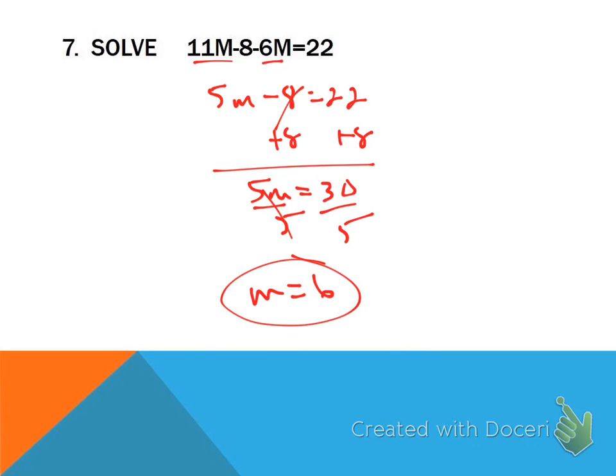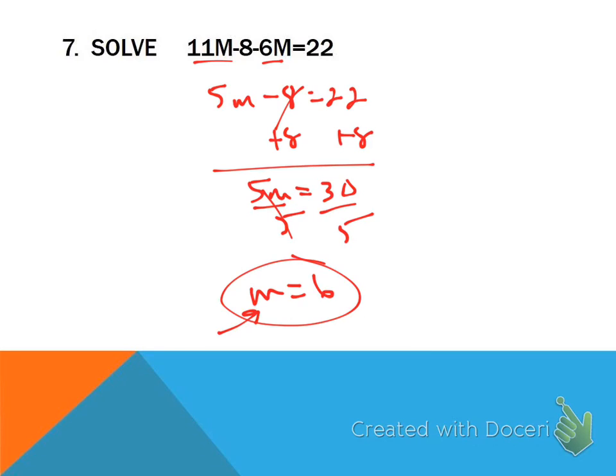Okay? So, did you combine your like terms here? 11m and negative 6m will give you 5m. Then we add 8 to both sides. Then divide both sides by 5, and we get m to be 6. So, the solution to that equation at the bottom is m equals 6.